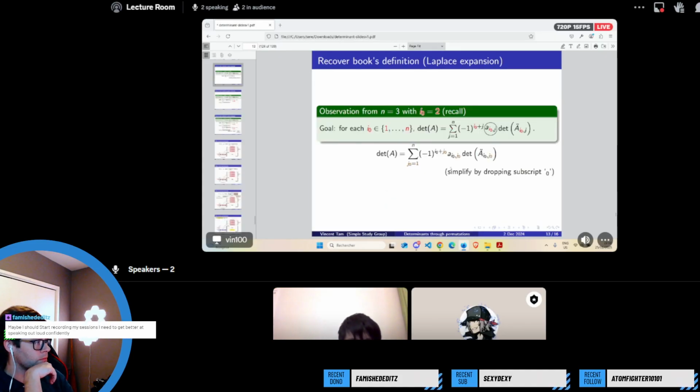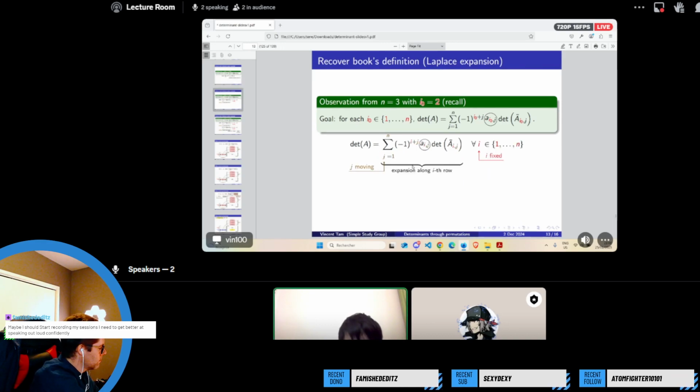And here we have j0, but actually this is not needed. We can drop the 0 in i0 and j0. And here, this means that we can expand along a row.